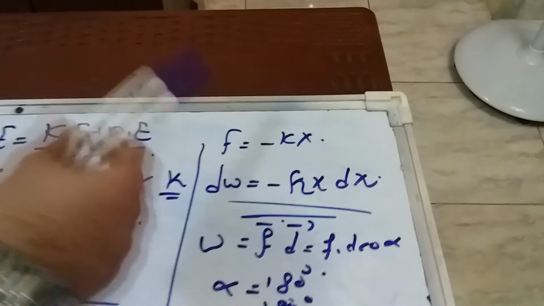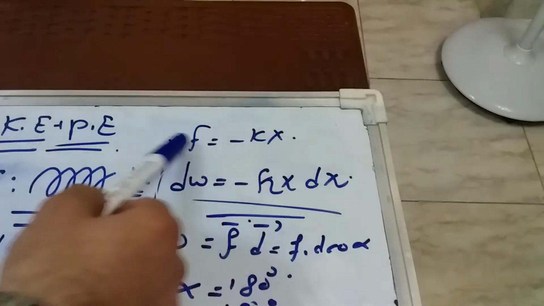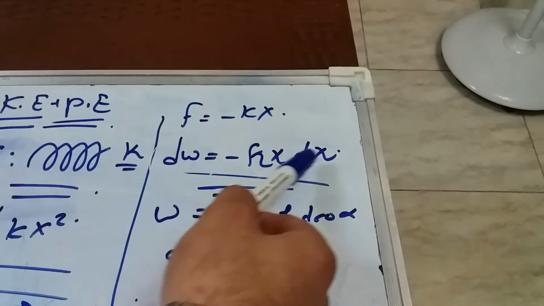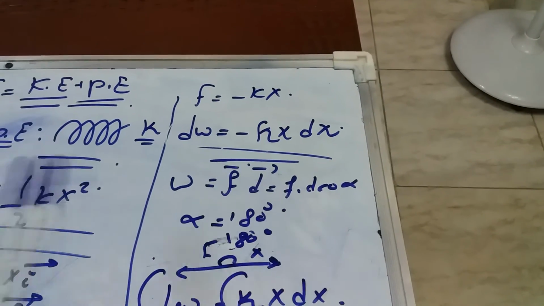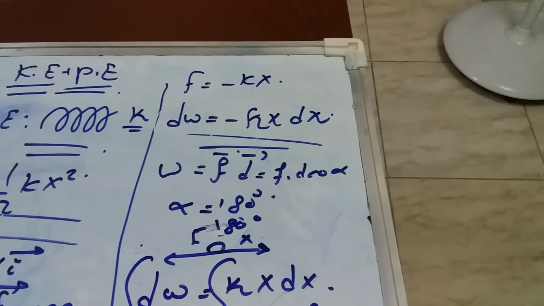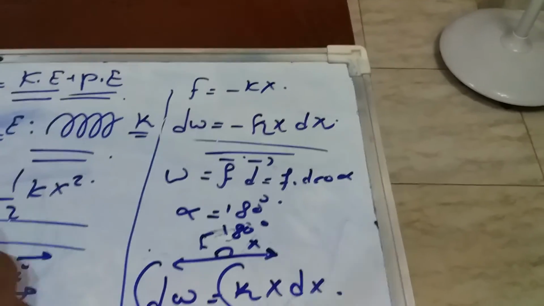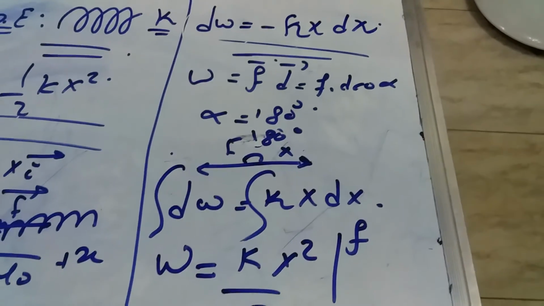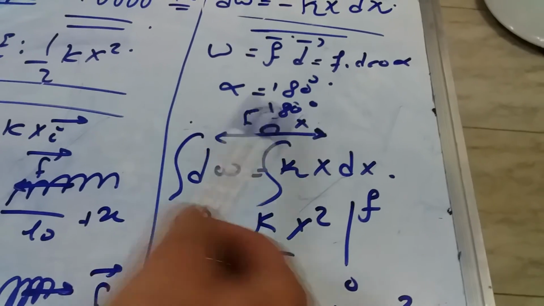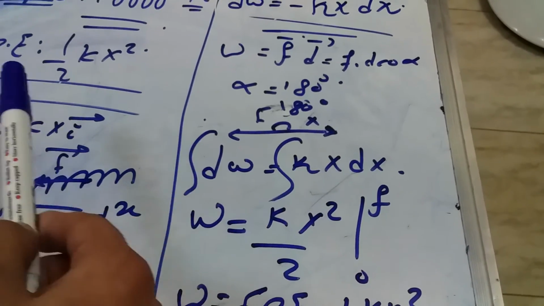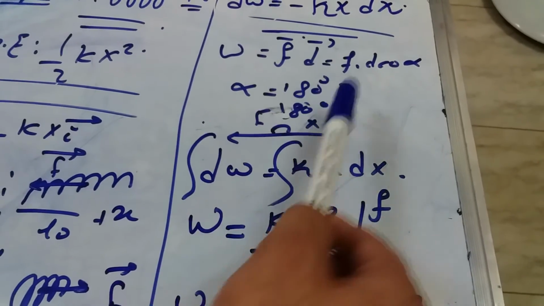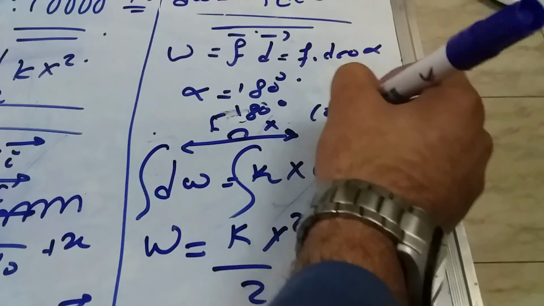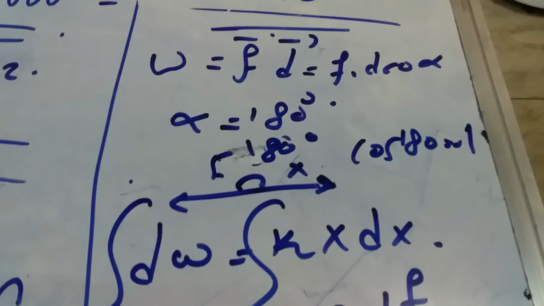Now if we take dW, an infinitesimal quantity of work, it will be equal to minus kx dx. But as we know, work is a scalar quantity, where F dot d equals F d cosine alpha. Here alpha is 180 degrees because the angle between the direction of the force and the displacement x is 180 degrees, and cosine 180 degrees is equal to minus 1.